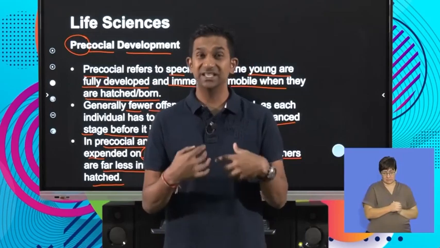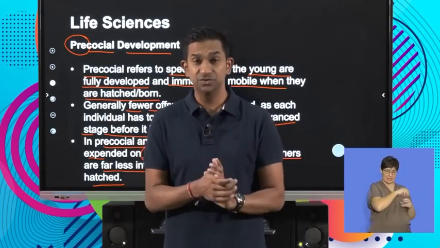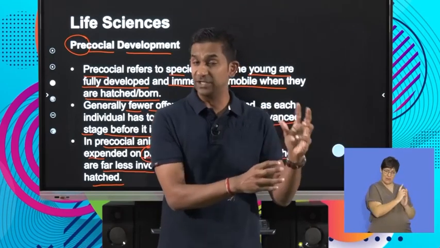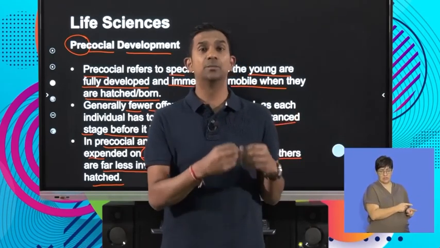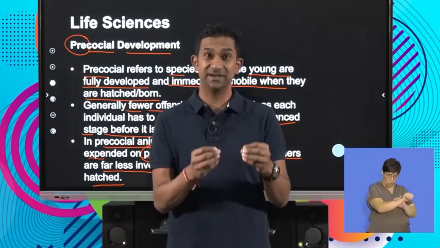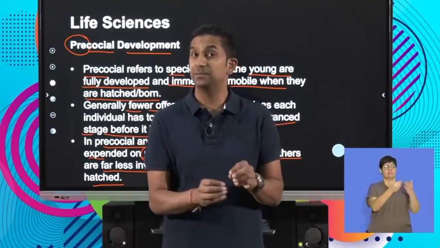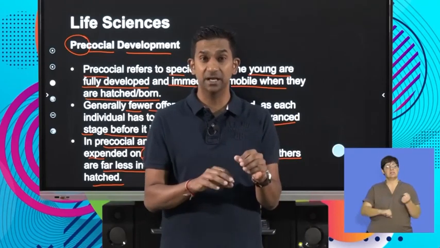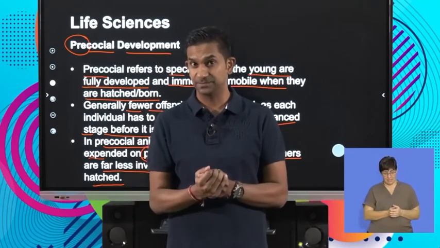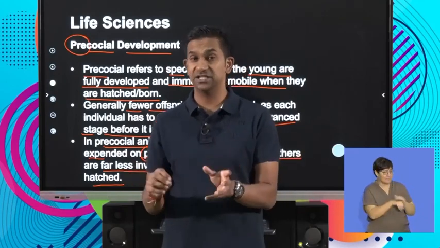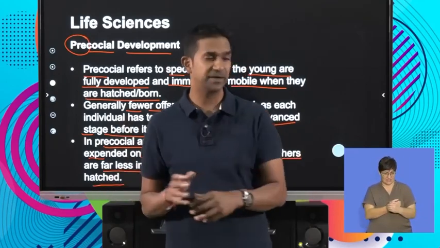When the young are developing inside the uterus of the mother or inside the egg, they develop fully to a point that when they are born, they are capable of surviving, often independently, by themselves. So the parents offer very little parental care post-development. Lots of prenatal energy is required, but postnatal energy from the parents is very little.